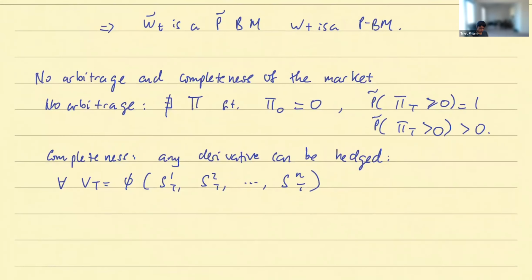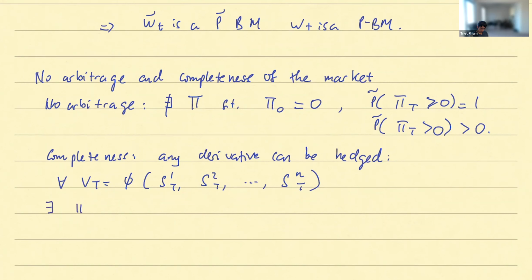But anyway, the idea is clear, that if you have a derivative constructed out of your assets, then you can find a portfolio pi such that pi t is equal to Vt.